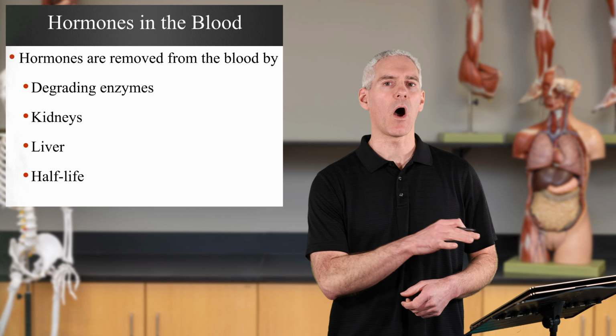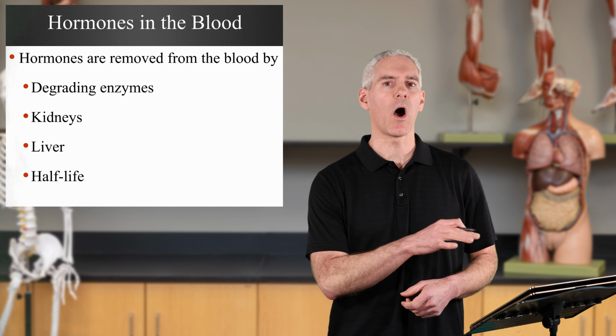So all of these, from the degrading enzymes, the half-life, the liver, the kidneys, they're all constantly removing hormones from your blood. Which means if you're trying to maintain certain hormone levels, you must constantly be producing and secreting more hormone. So it's a constant balancing act to keep the hormones at the levels that your body wants while not getting them too high or too low. It's all about homeostasis.